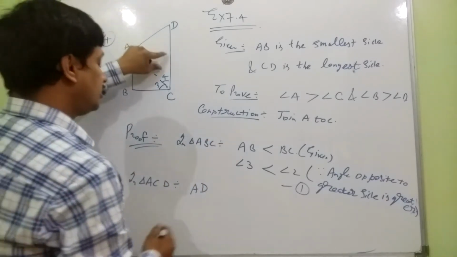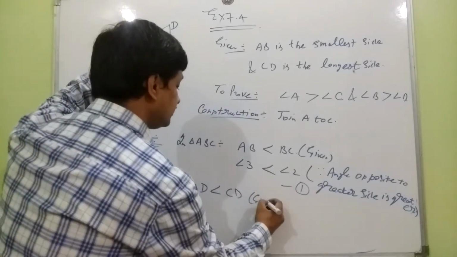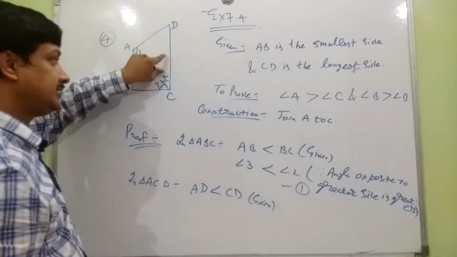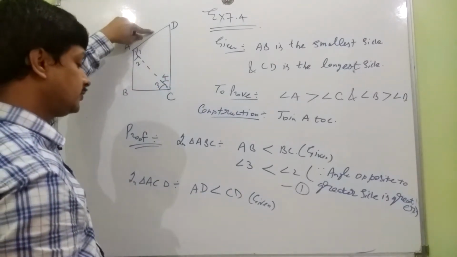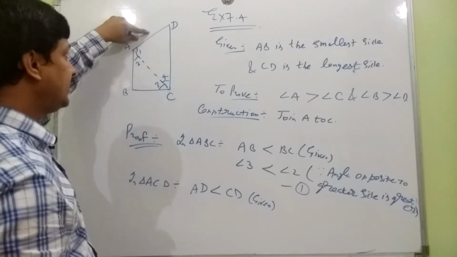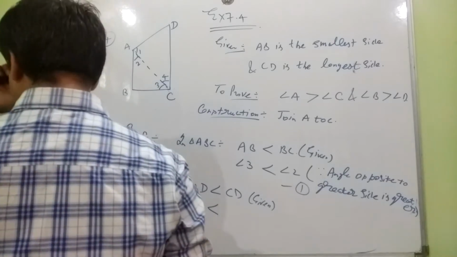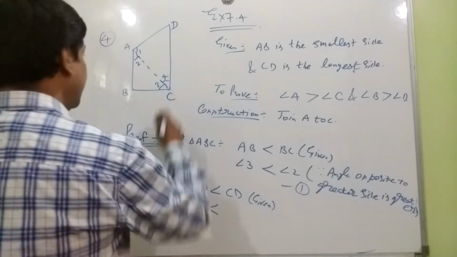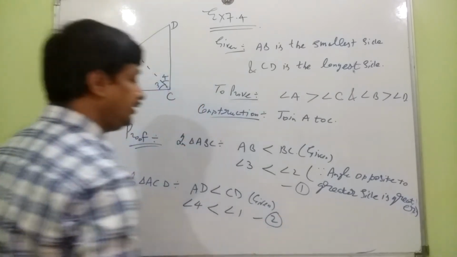AD is smaller than CD. It is given because in the question it is said that CD is the longest side. So it is but natural AD will be smaller than CD. What is the angle opposite to AD? It is angle 4. And the angle opposite to CD is angle 1. So it is inequality number 2.